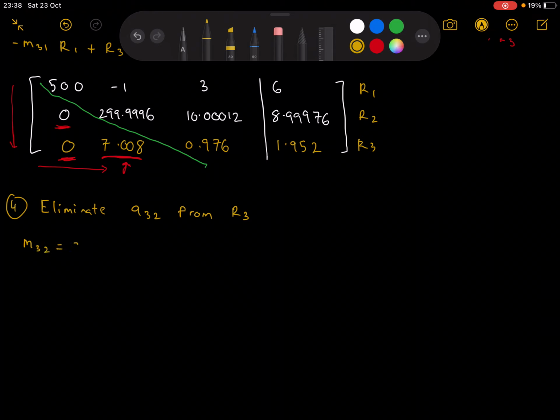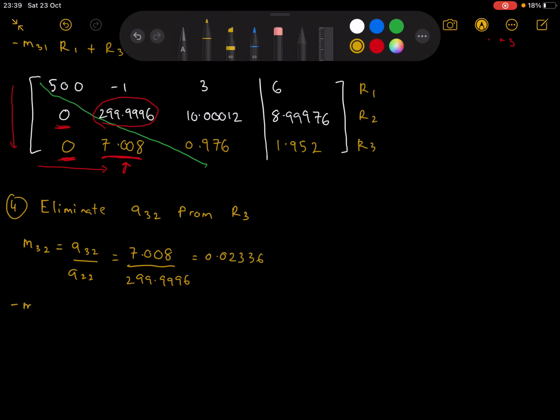M32 is equal to A32 divided by its diagonal. So the diagonal element is this one, which is A22. So 7.008 divided by 299.9996 is equal to 0.02336.